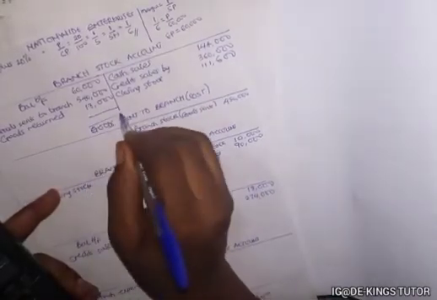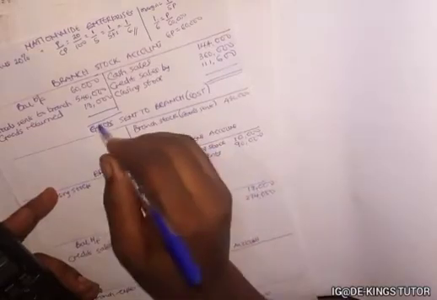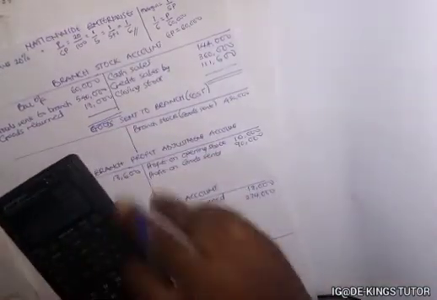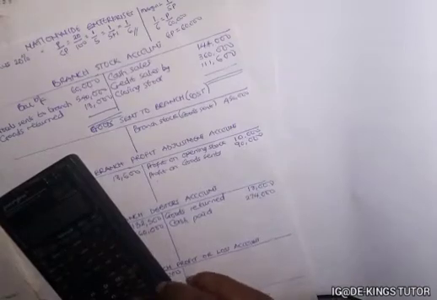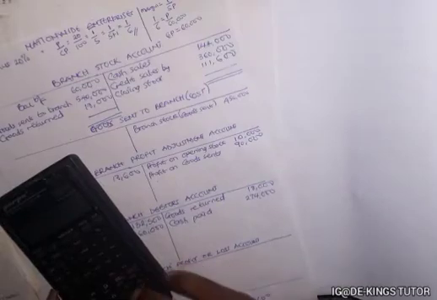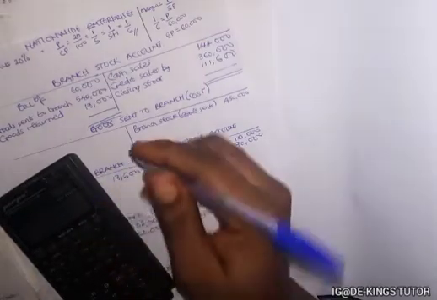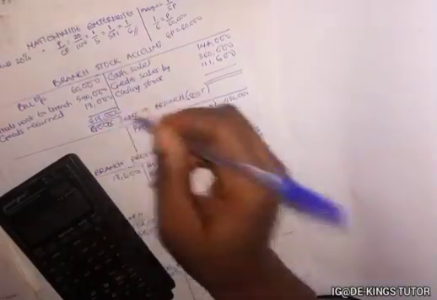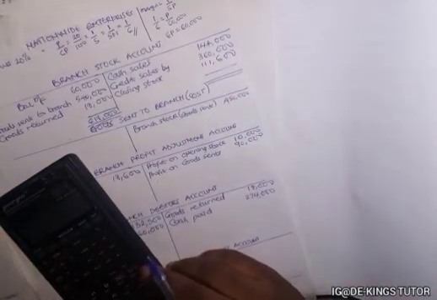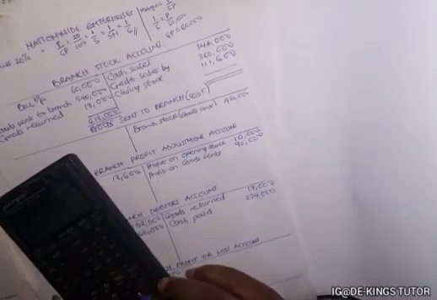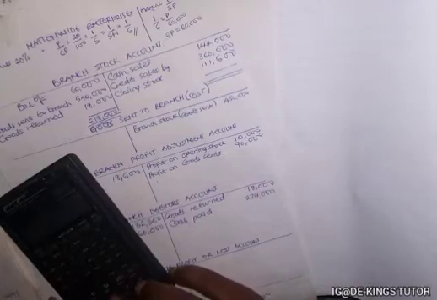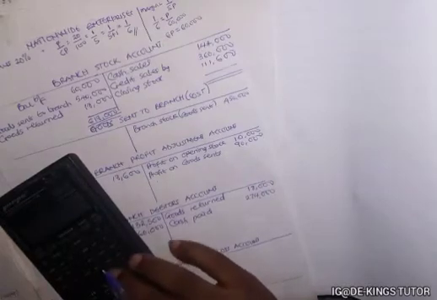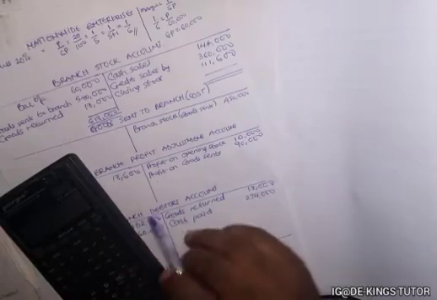So let's now close this account. Let's add up this 60,000 plus 540,000 plus 18,000 will give us 618,000. Let's add up here 144,000 plus 360,000 plus 111,600. 615,600.